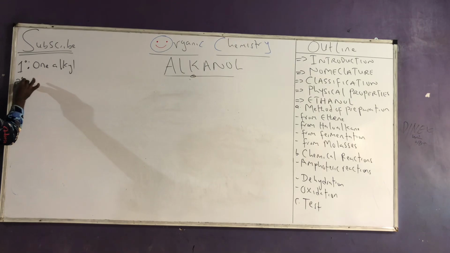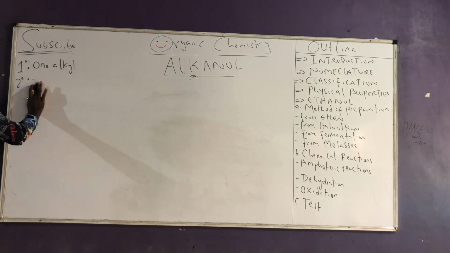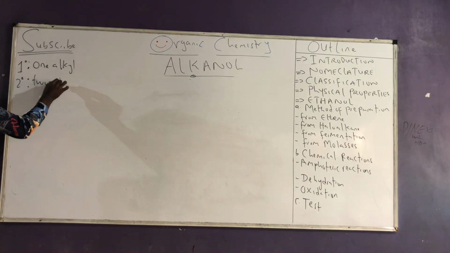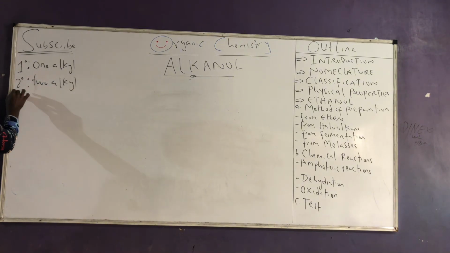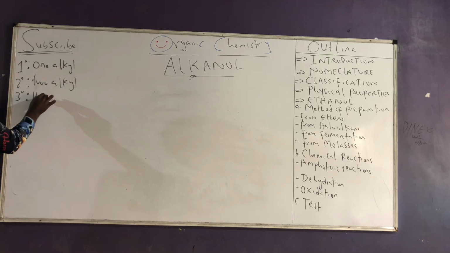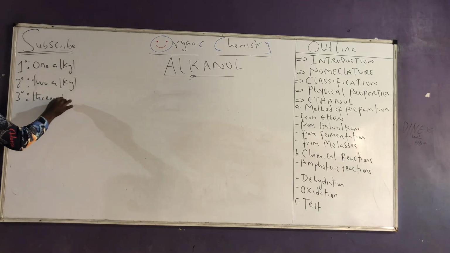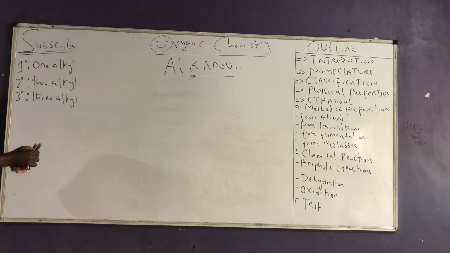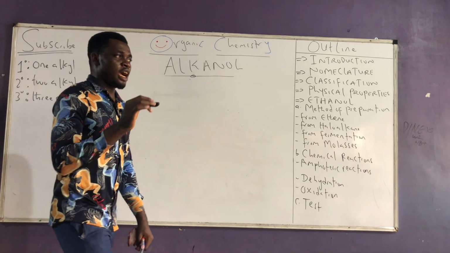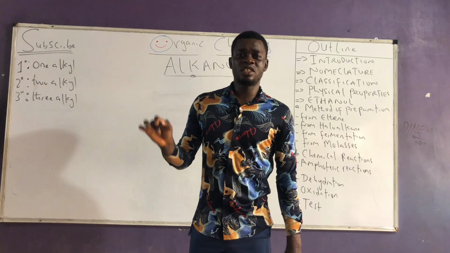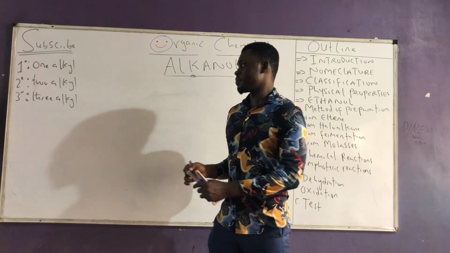A secondary alkanol is simply an alkanol in which two alkyl groups are directly attached to the carbon having the OH functional group. A tertiary alkanol is an alkanol in which three alkyl groups are directly attached to the carbon atom that carries the OH functional group. What do I mean?